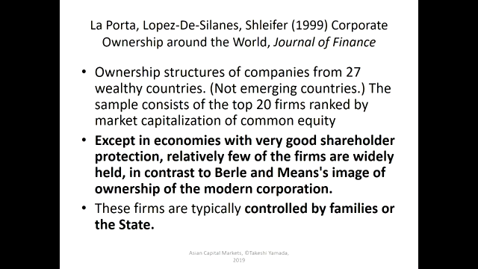They say that except in economies with very good shareholder protection, relatively few of the firms are widely held. Which means that Berle and Means' image of ownership in the modern corporation, that shareholders are widespread, La Porta, Lopez-de-Silanes and Shleifer found that's only in firms with good shareholder protection.